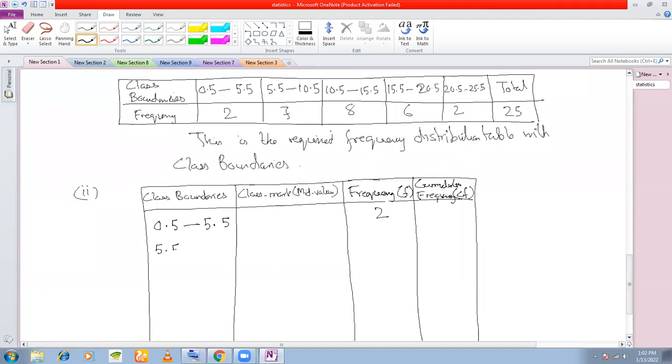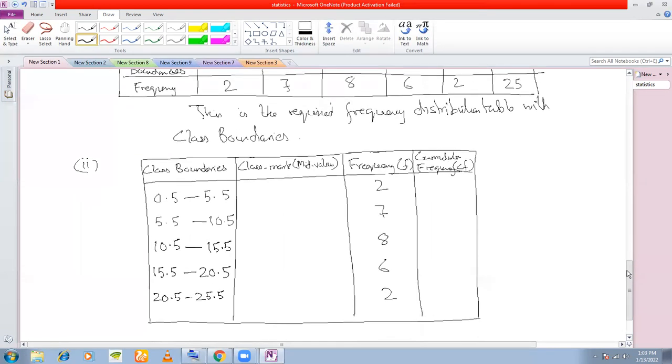Next, 5.5 to 10.5, corresponding frequency 7. 10.5 to 15.5, corresponding frequency is 8. 15.5 to 20.5, corresponding frequency is 6. And finally you have 20.5 to 25.5, and the corresponding frequency is 2.